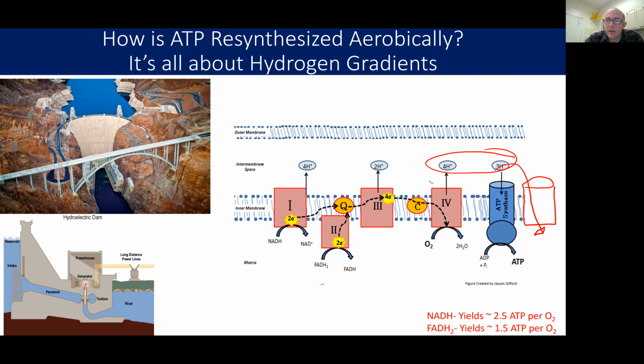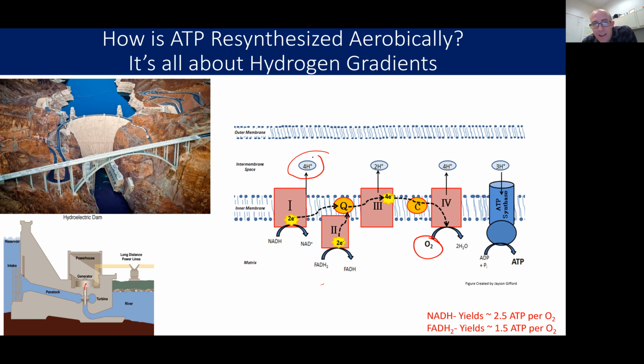So I already mentioned that FADH2 results in the movement of fewer hydrogens per oxygen consumed, right? All these 2 electrons are going to come down and bind onto oxygen. Both FADH2 and NADH are going to consume 1 oxygen, but in the process, NADH will move 4 more hydrogens than FADH2.